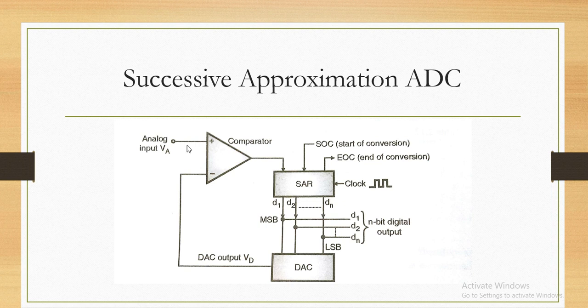That is still less than VA, which is why VA is greater than VD. So we have to increase VD and again compare with VA. To increase VD, we keep the MSB as 1 and set D2 from 0 to 1. So the output of this SAR will be 1 1 0 0 0 0 0 0. Okay, so this will happen here.